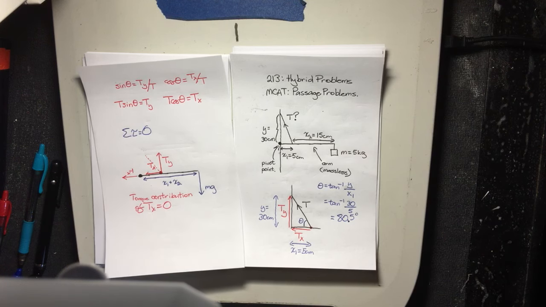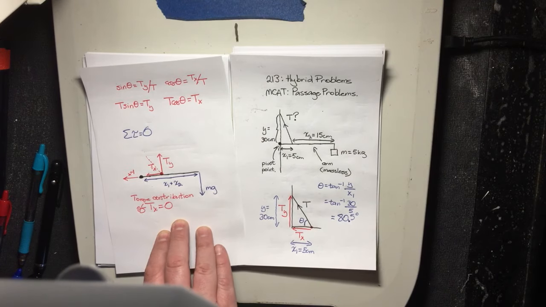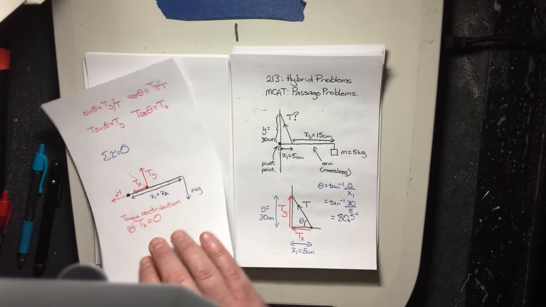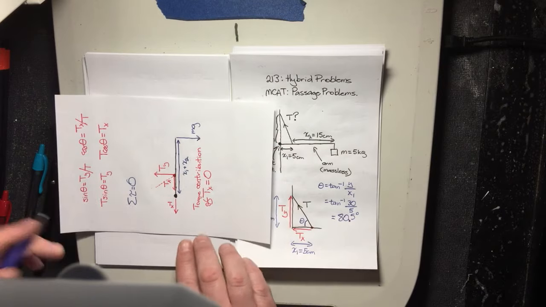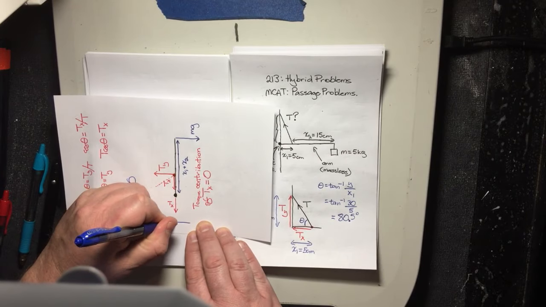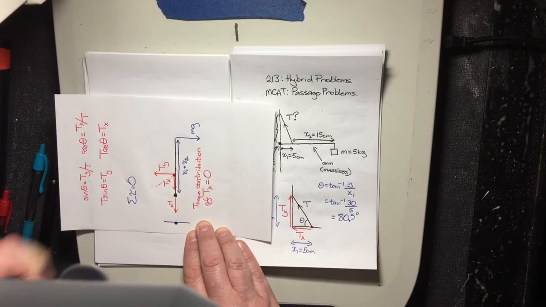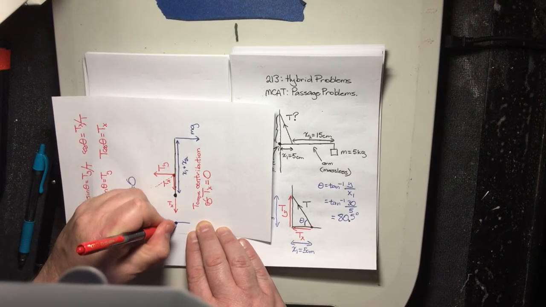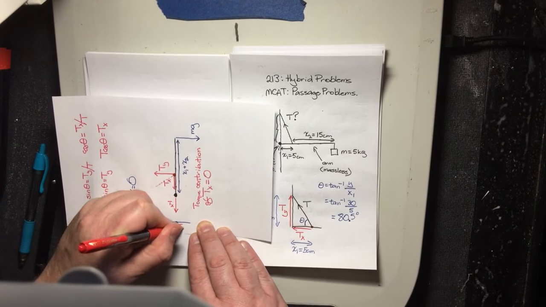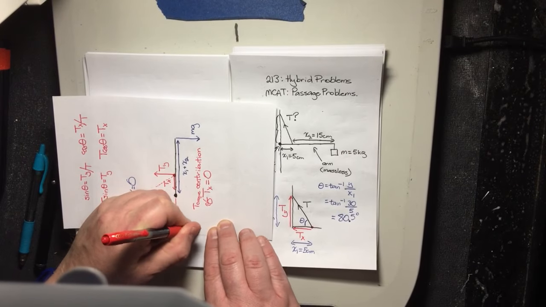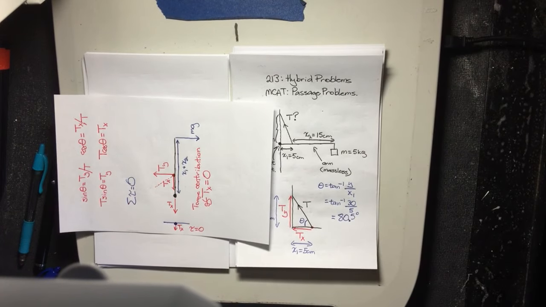It's very similar to, you can kind of look at this and go, if you had a pivot point right here and that Tx pushed down right there, that torque is equal to 0. Why? Because the distance between that point and the pivot point is 0.